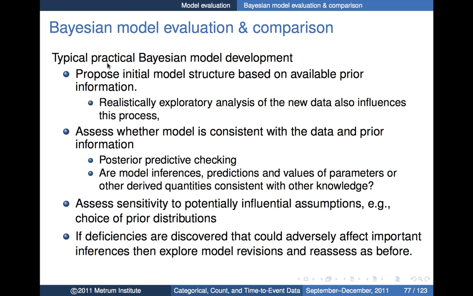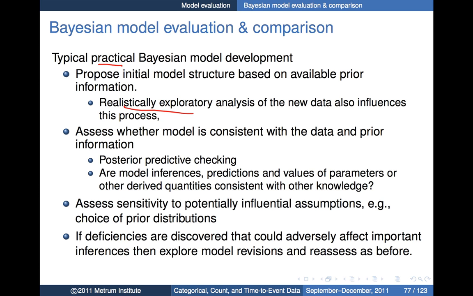So what I'm calling a typical practical Bayesian model development process would look like one where you start out by proposing an initial model structure based primarily on available prior information. Now, that's the ideal, to really base it on prior information, but as I comment here, realistically, exploratory analysis of new data is also going to influence that process.